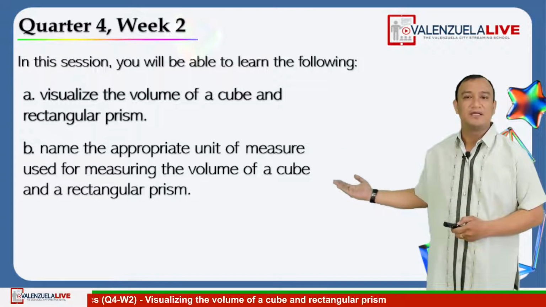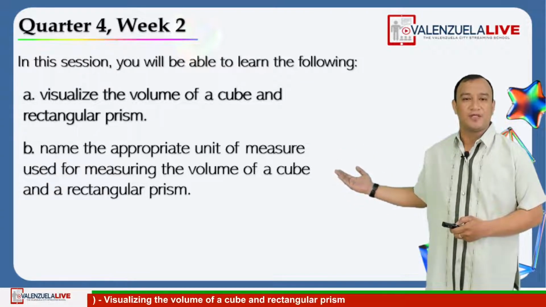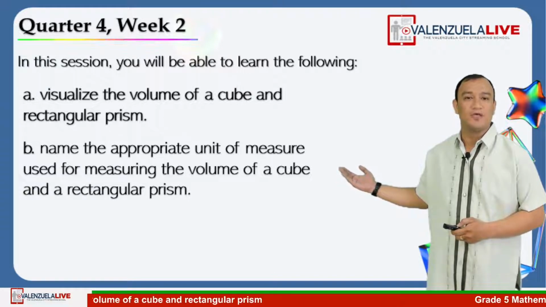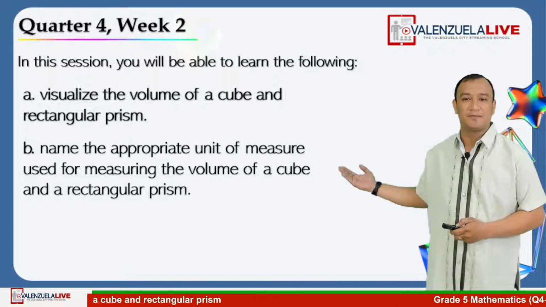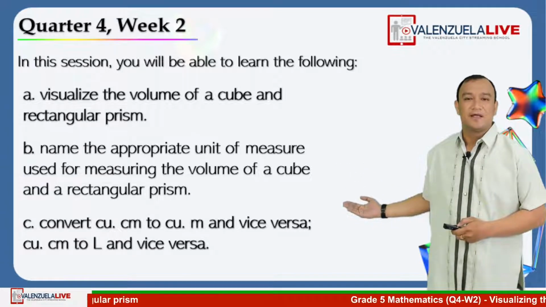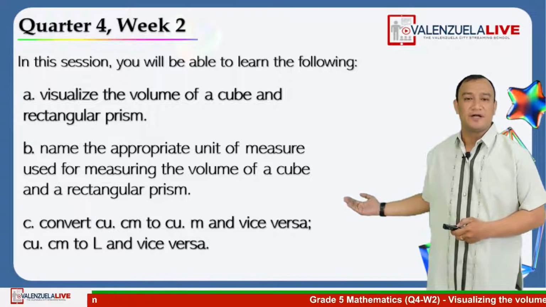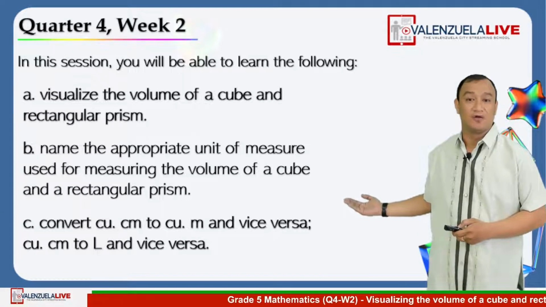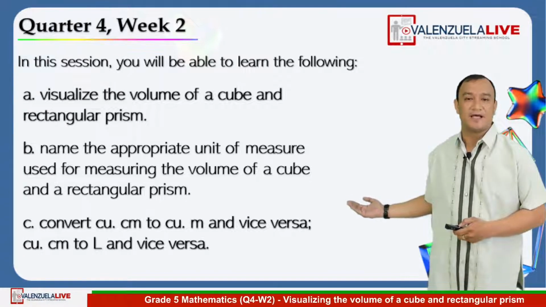Letter B, name the appropriate unit of measure used for measuring the volume of a cube and rectangular prism. And for letter C, convert cubic centimeter to cubic meter and vice versa. And also cubic centimeter to liter and vice versa.